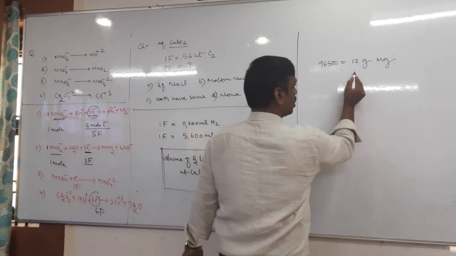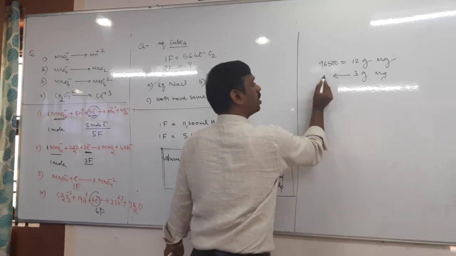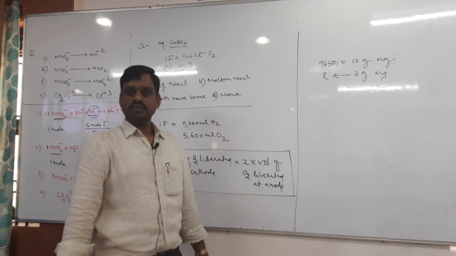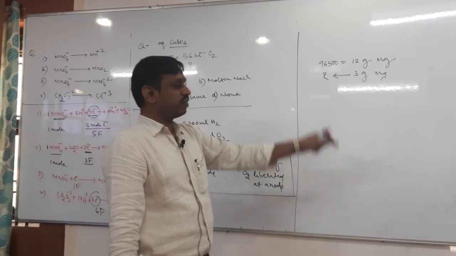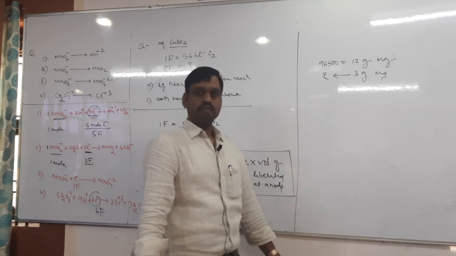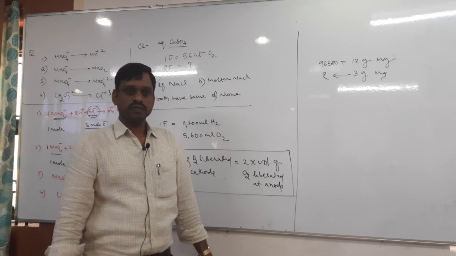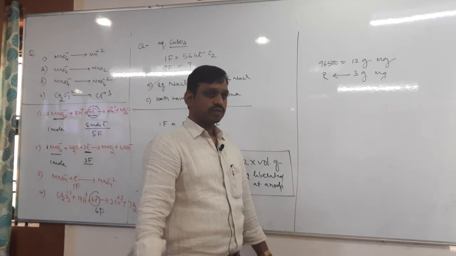But the question asks that 3 grams of magnesium has to be deposited by passing how many coulombs of electric current, right? So multiply by 3 and divide by 12. Okay, whatever it is. One more.